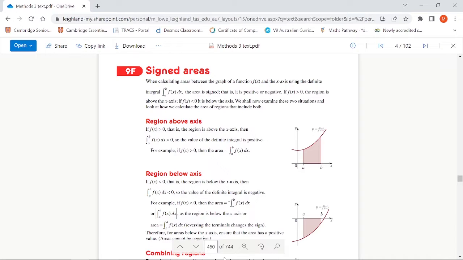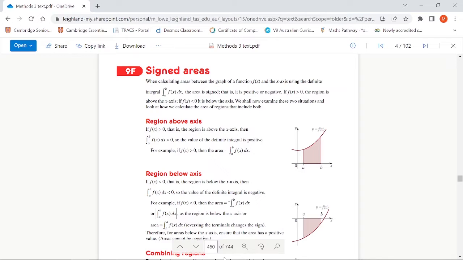When we're calculating the areas between the graph of a function and the x-axis, using that definite integral that we've seen, from a to b of f of x dx, the area is signed, which means your area that you calculate will either be positive or negative, depending on whether the function is above or below the x-axis.